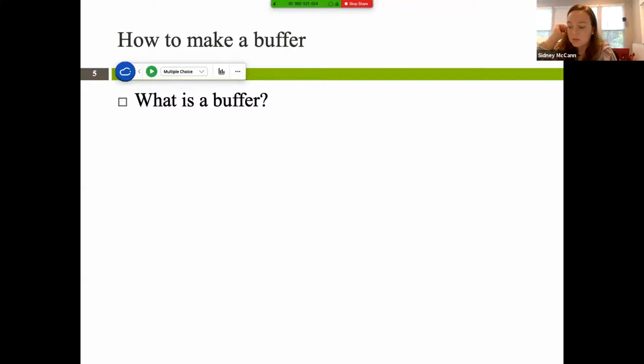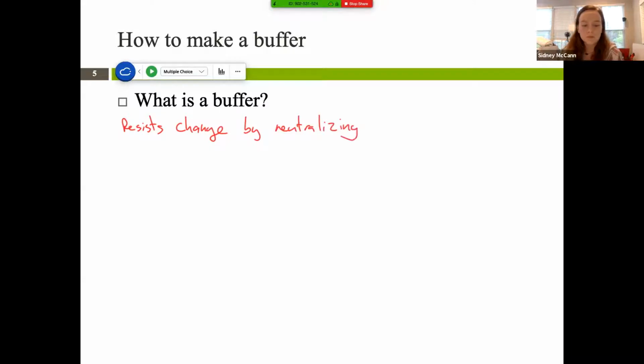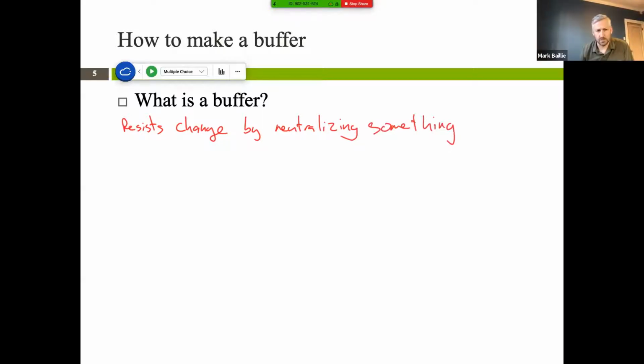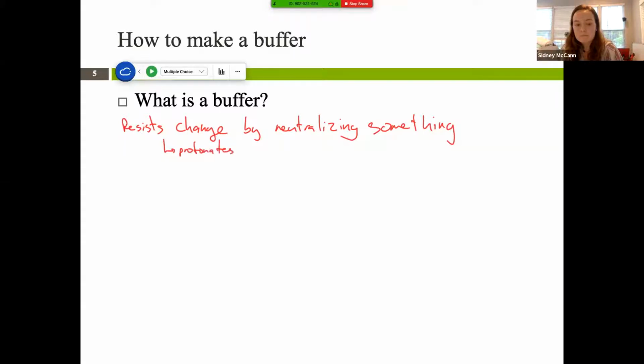Okay, what did you come up with? We just said that it resists change by neutralizing something. It either protonates or absorbs. So you were saying it protonates or absorbs. Okay.